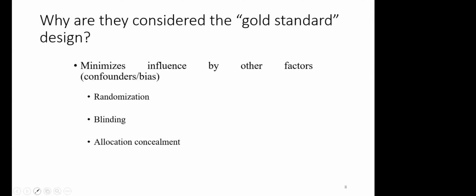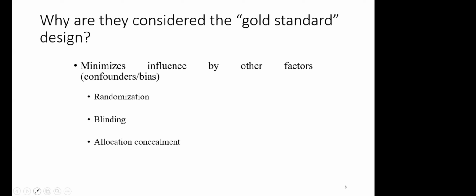And then there's also allocation concealment, which is basically the process of hiding the upcoming group assignment from those enrolling participants. So after randomization has been done, you conceal which patient goes to which group. So the person allocating groups does not know what patient goes to which group.